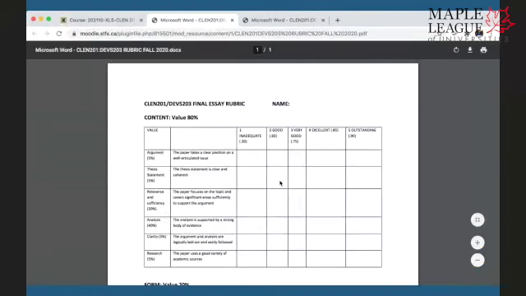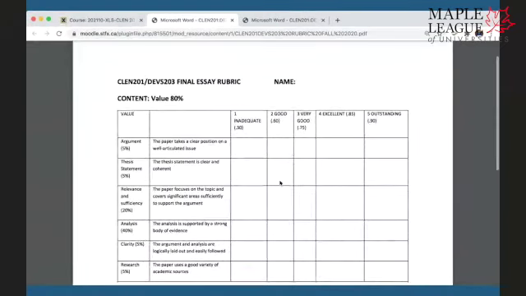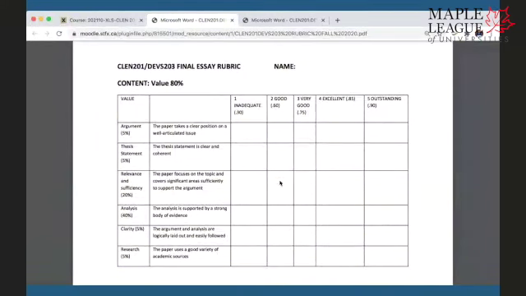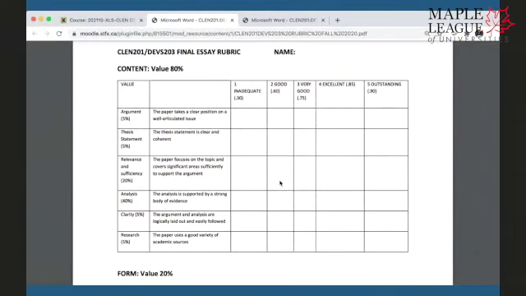Okay, and then, yeah, the rubric for their paper, I'll give them this at the end. The way I mark blindly, so what I do is when I don't want to know who a student is when I'm marking their paper.